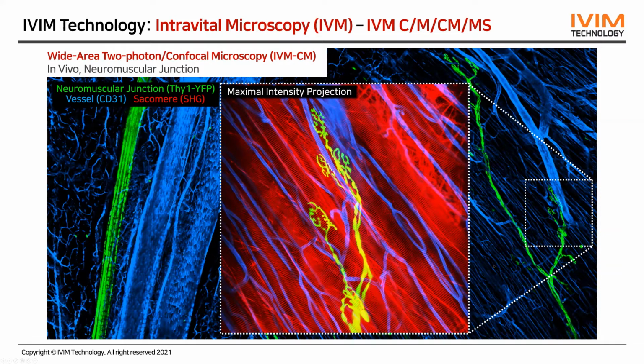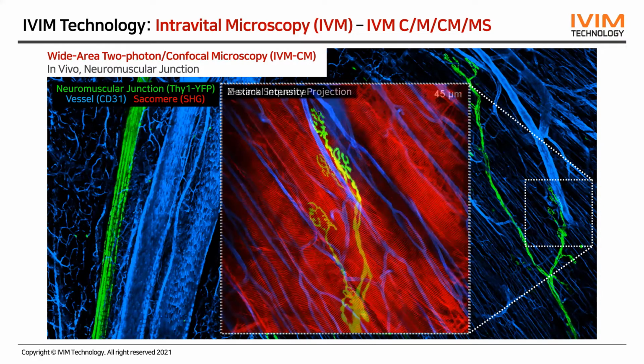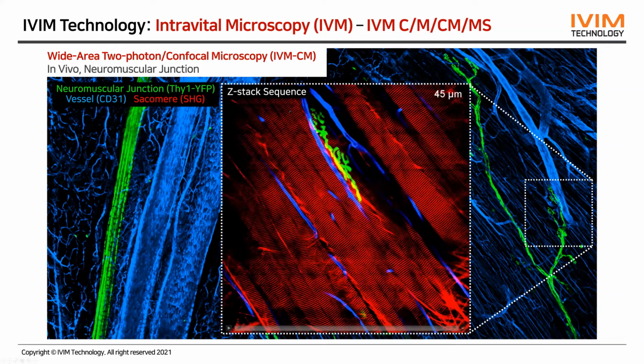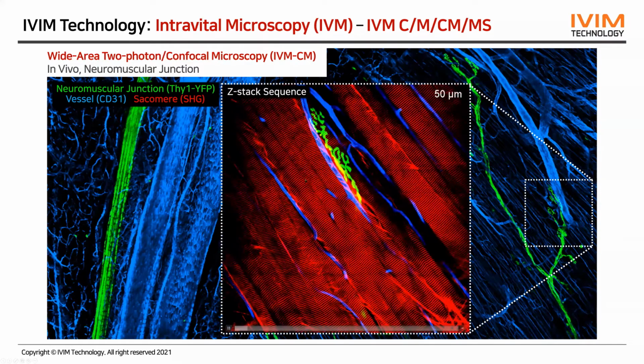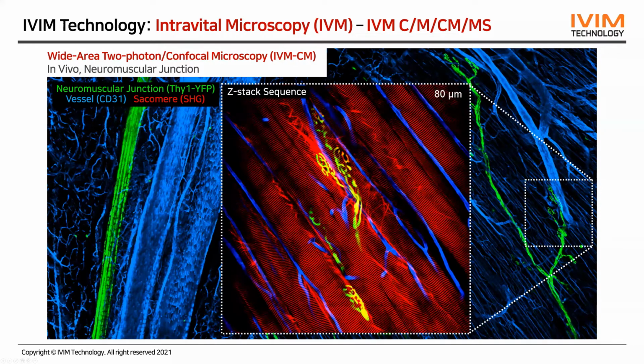It systemically labels all the blood vessels inside this transgenic Thy1-YFP mouse. With three colors, using second harmonic generation, YFP and the CD31 antibody, we can detect the microvessels inside the muscle, the YFP-expressing neuromuscular junction, and the myocyte using the second harmonic generation signal.